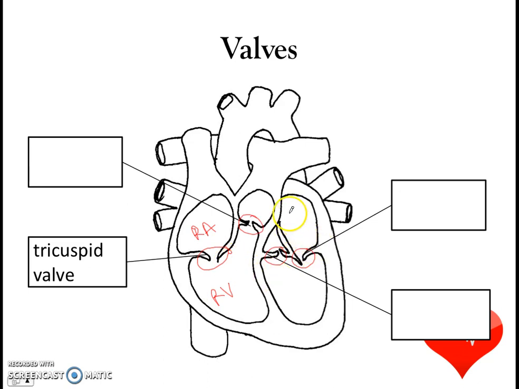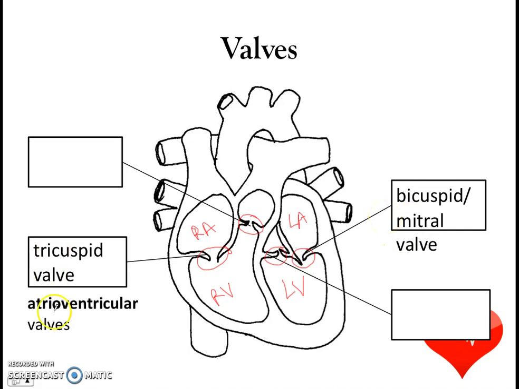On the left side, between the left atrium and the left ventricle, there's another valve here. It is called the bicuspid valve or the mitral valve because it has 2 sides. Okay, bicuspid valve. Now both the tricuspid and the bicuspid valves have a name. They are both called atrioventricular valves because they lie between the atrium and the ventricle.